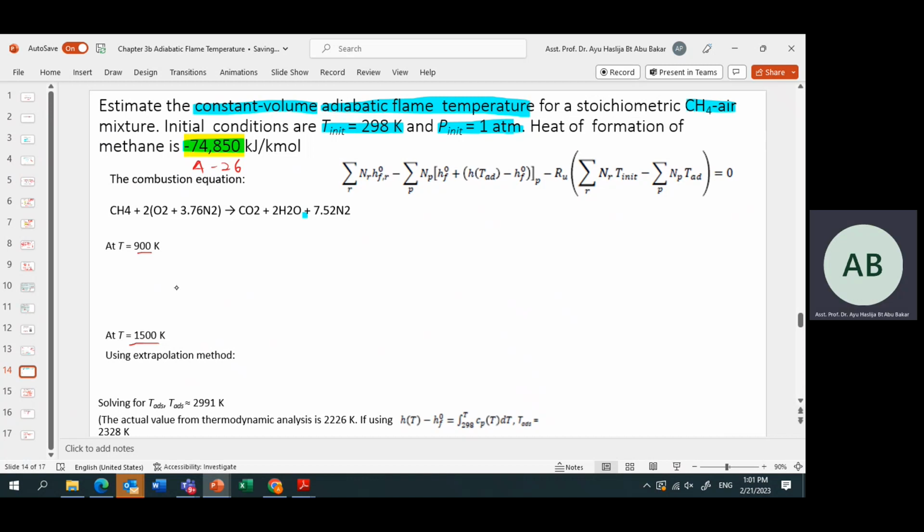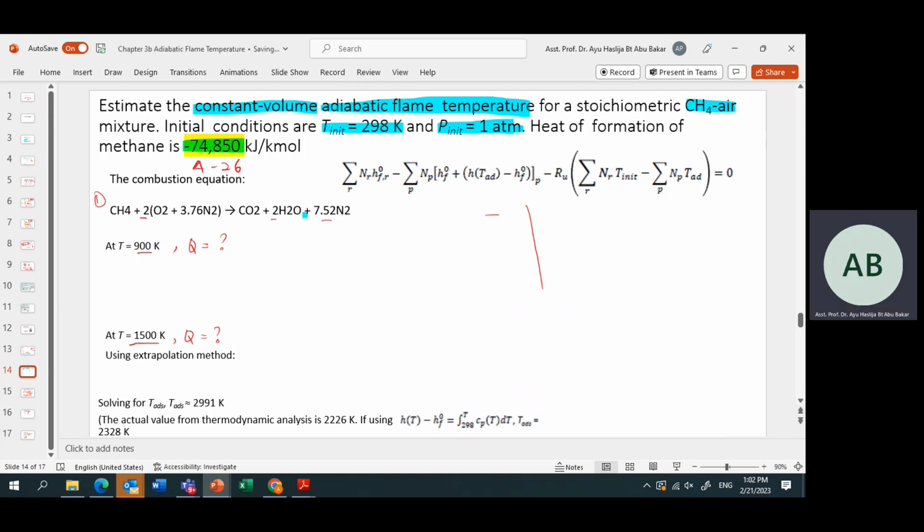Using this equation, you need to calculate what is the Q. Okay, first step, as always, generate the combustion reaction equation. Make sure the equation is correct, the mole is correct. If not, the rest will be wrong. Then find out the info at this particular temperature.